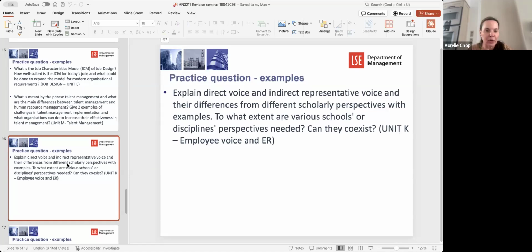In this type of question, what I often see is students forget to answer 'can they coexist'. Because you're focusing on the first part of the question, then the second part, somehow the last part is forgotten. So be mindful to go back.